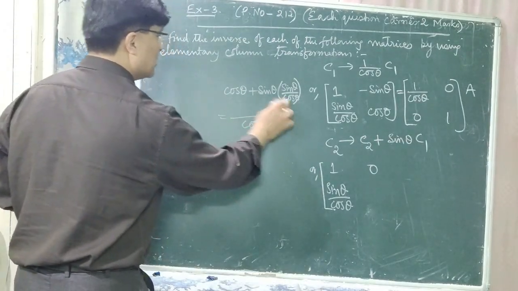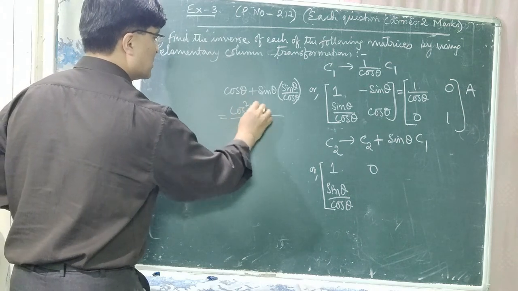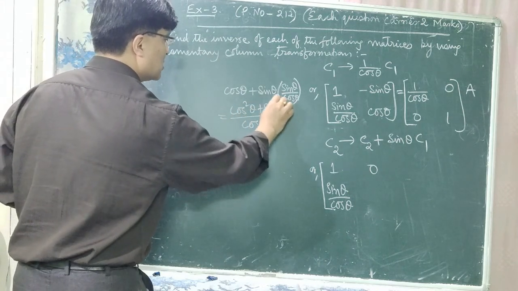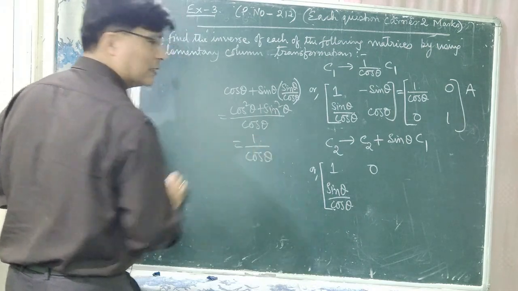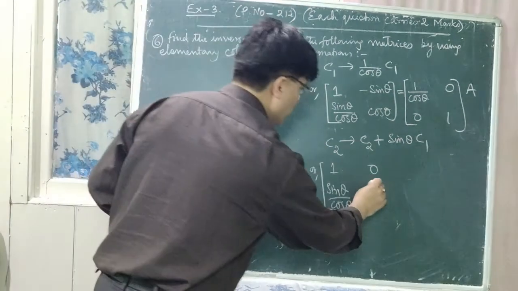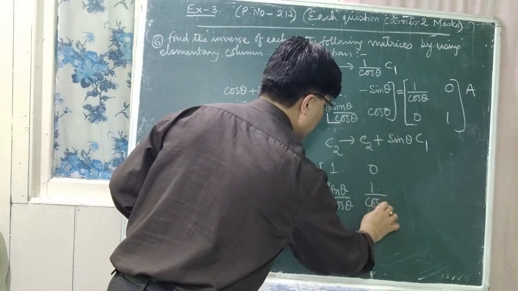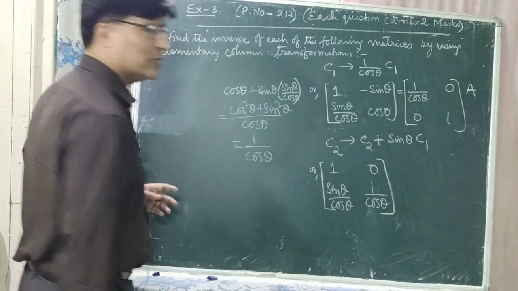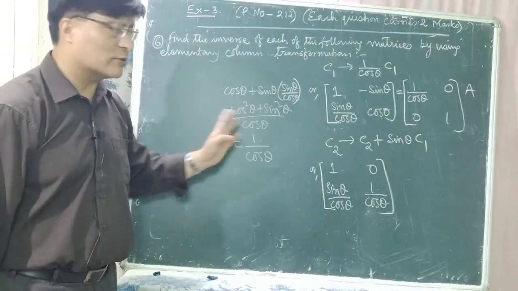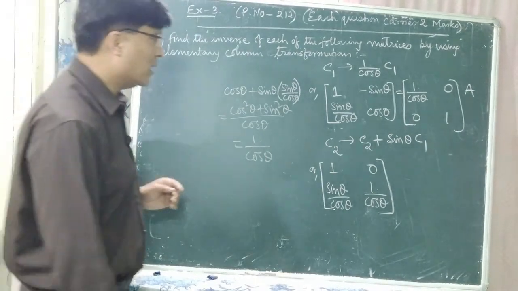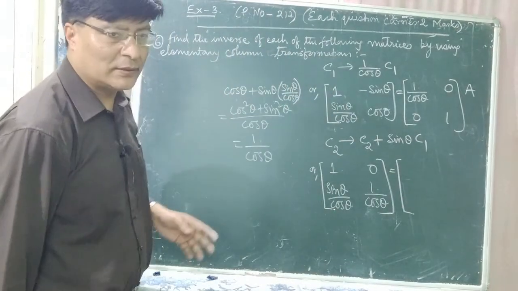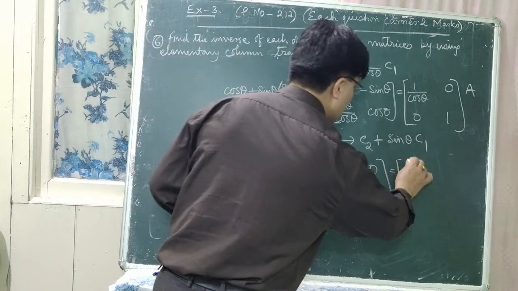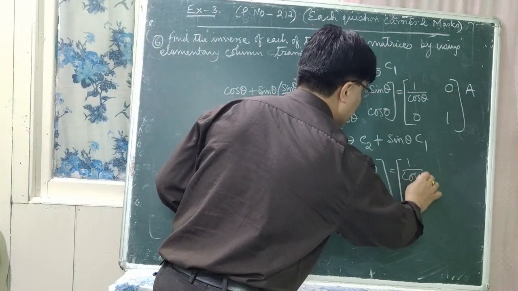It is cos theta. So it is cos square theta plus sin square theta, which is equal to 1 by cos theta. Clear? So this will be 1 by cos theta. I think you have understood it, because you know that sin square theta plus cos square theta is always 1.